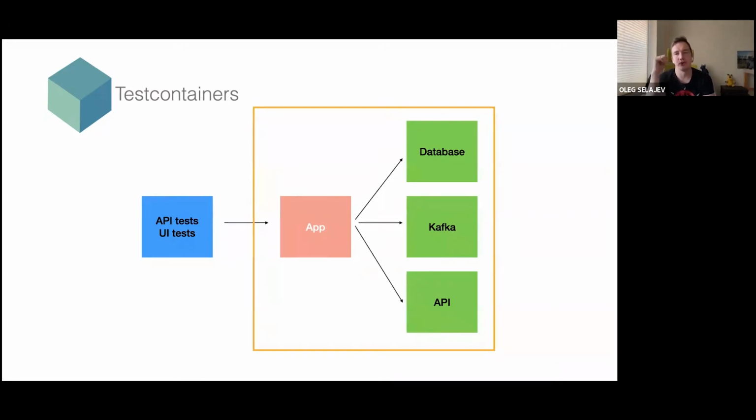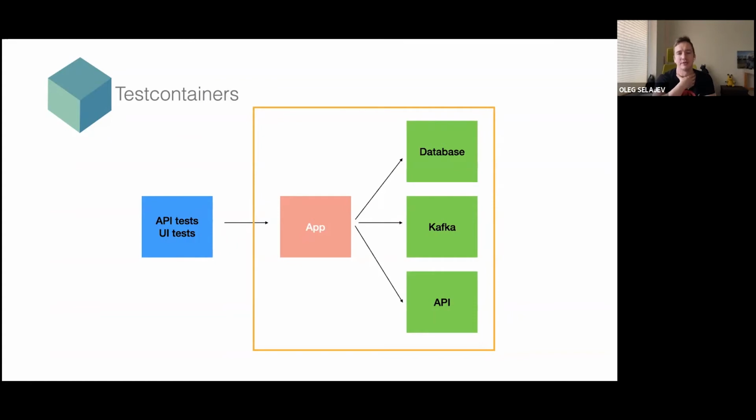Since the native image of your application is literally a standalone binary file, you can put it in a very simple Docker image. You can put it into a Docker image that starts in milliseconds because your application is pre-compiled, so it starts really, really fast.